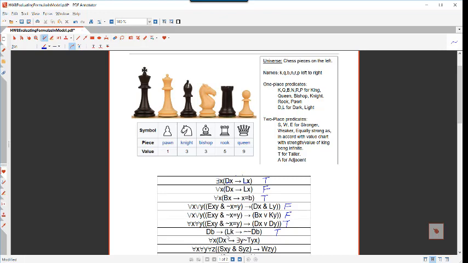The way you do that is you say, okay, suppose DB is false. If DB is false, then the conditional is true. So we only need to examine models in which DB is true. Suppose DB is true, then LK is either true or it's false.